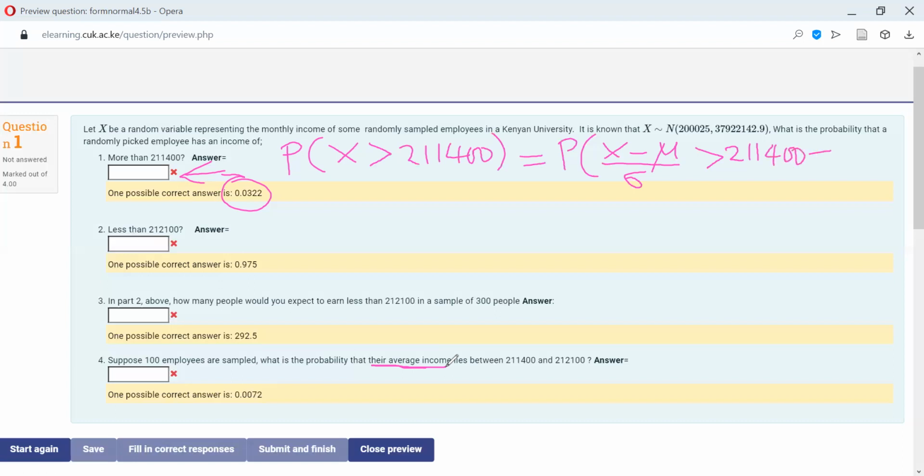From here, we must put the mean, which is here. So this is 200, 0.25.